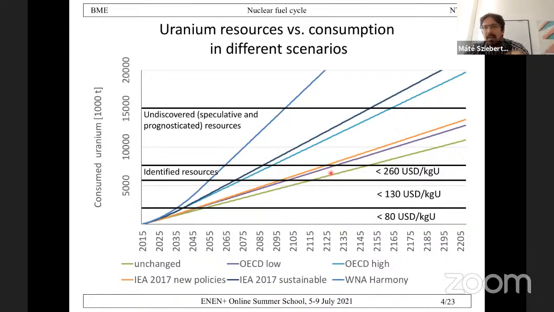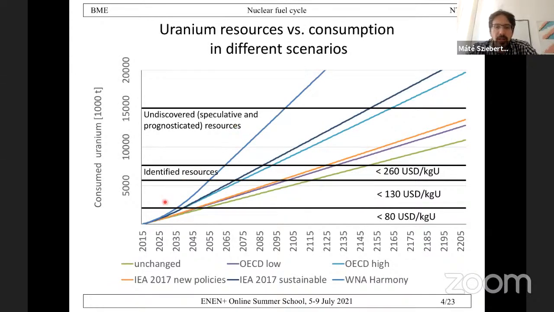Practically every forecast says that some kind of increase will happen in nuclear production. Therefore, we can predict that these resources can run out a little bit sooner, but it's still quite a long time.